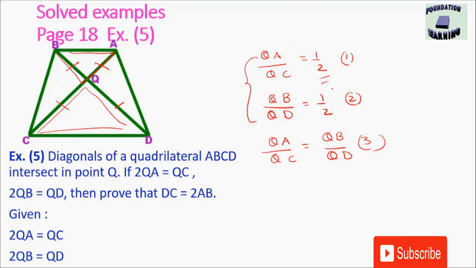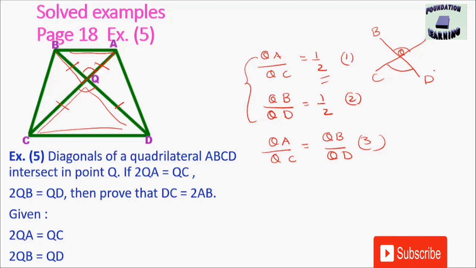Now what is this angle known as? If you have two lines intersecting, say this line is BD and this is CA, intersecting at point Q, the angles formed are known as vertically opposite angles, and they are congruent.